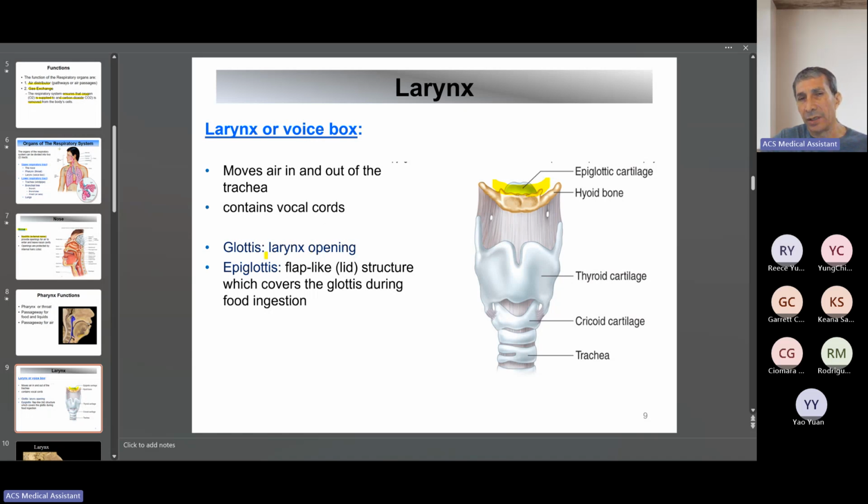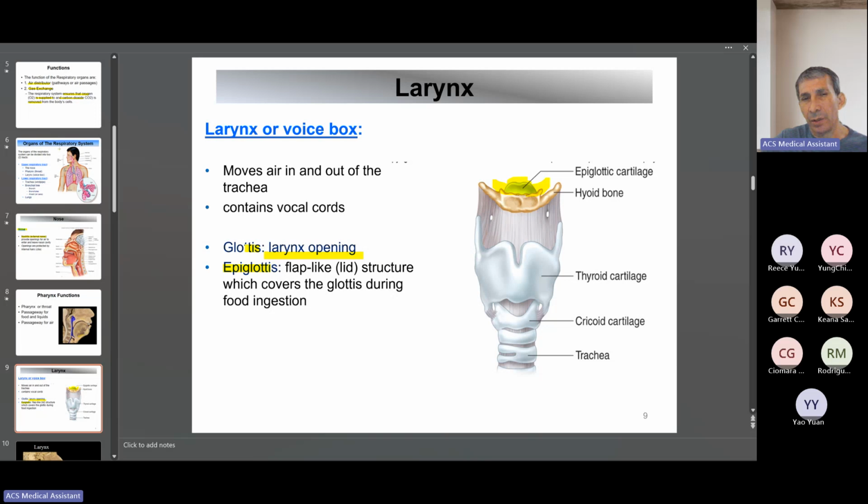So the opening of the larynx right here, it is the glottis. Now, it contains also something that is called epiglottis. So glottis, epiglottis. What is epiglottis?